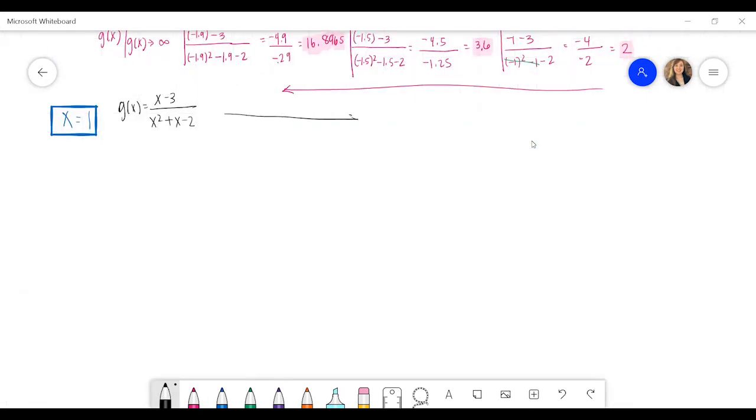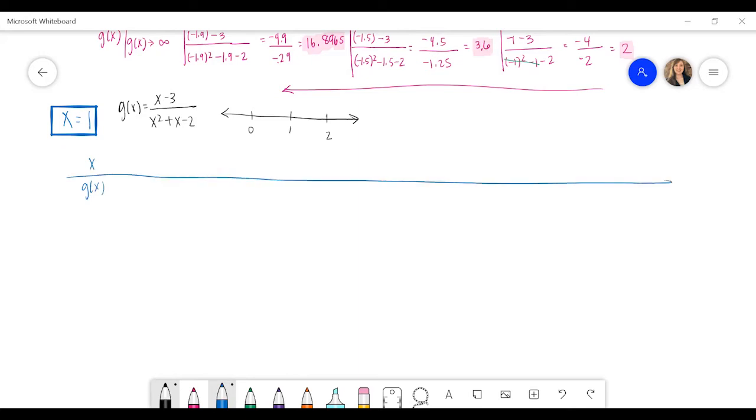So again, draw a number line, or it's good to just have a reference point. If this is 1, that means 0 is over here, and that means 2 is over here. So we're looking from the left.